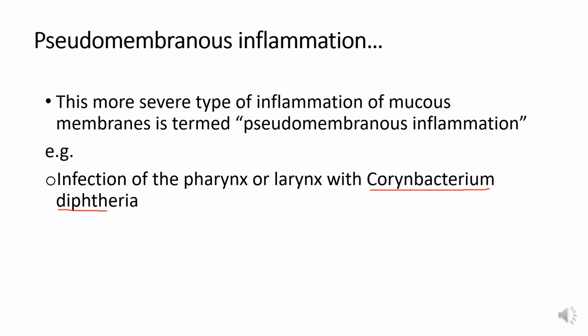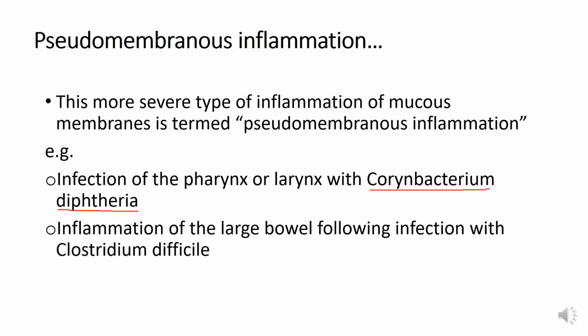This is the organism that causes diphtheria, which we usually immunize for in childhood. Another example is inflammation of the large bowel or the colon caused by a microorganism known as Clostridium difficile.